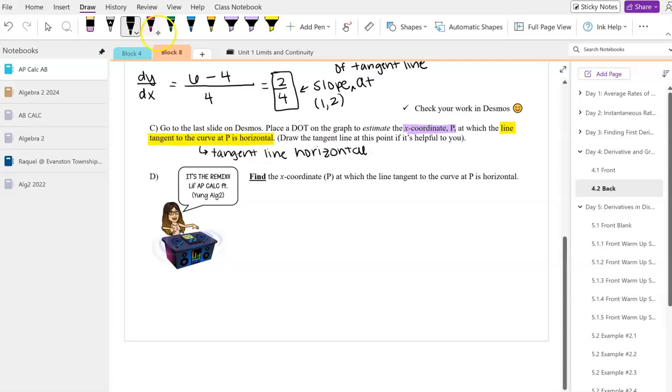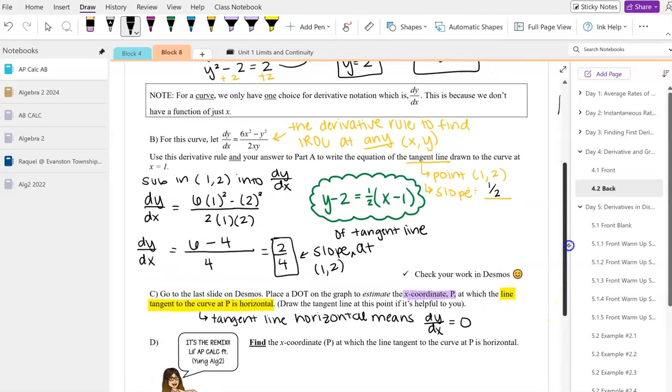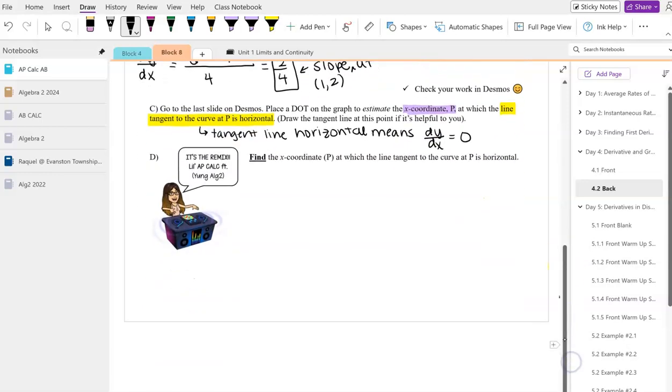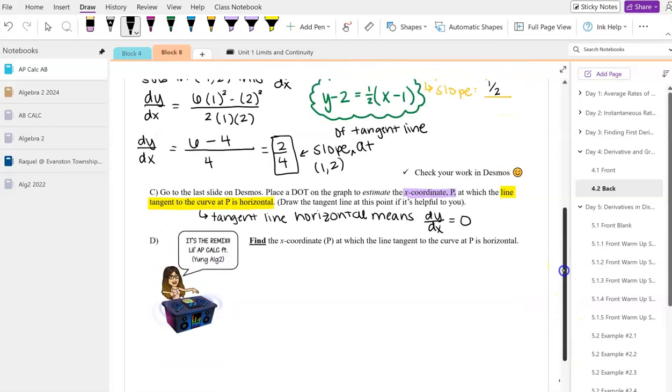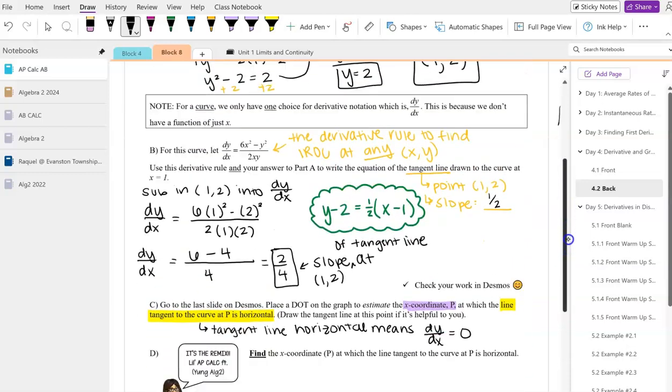So tangent line being horizontal means that dy/dx is equal to 0, because remember, dy/dx is the derivative rule to find the instantaneous rate of change at any x, y. So here's how we start solving this. We're going to take our equation that they gave us.